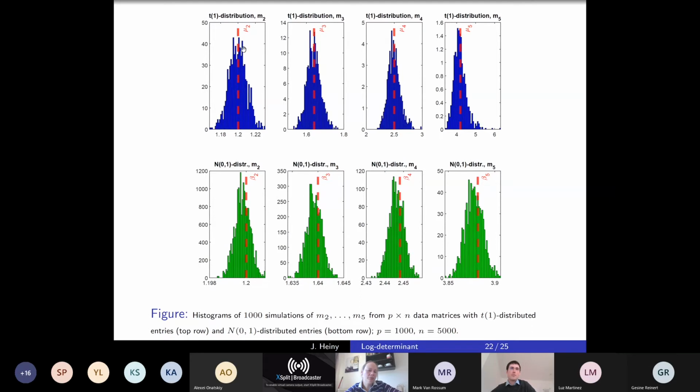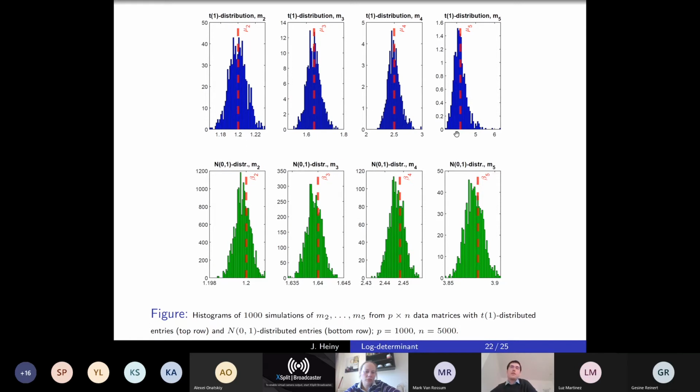And note that the mu2 and the beta 2 coincide, the same for the 3, and then from the 4th moment onwards, the mu4 is always larger. But the most striking fact is the difference of scale on the x-axis. So, for example, in the standard normal case here, it goes from 3.85 to 3.9 on the x-axis.